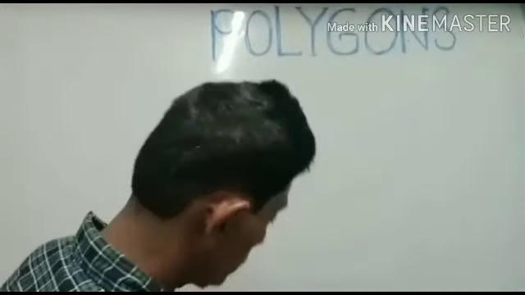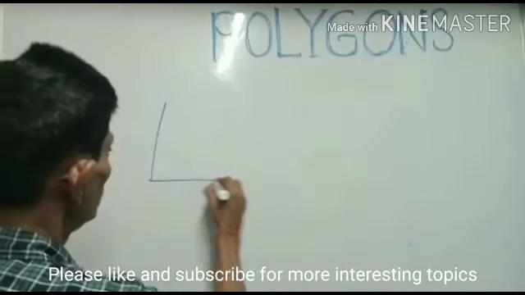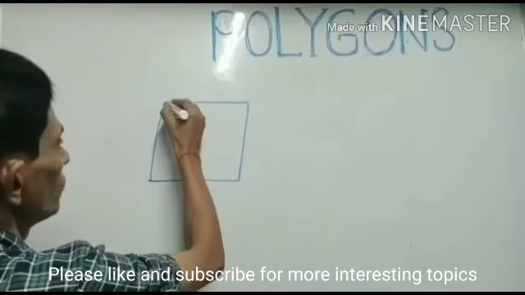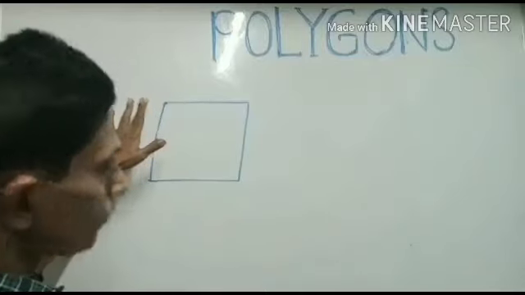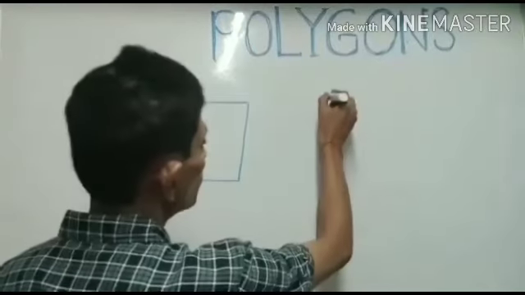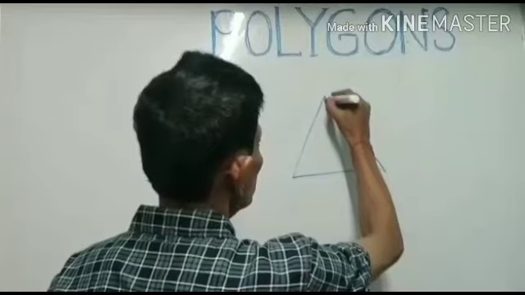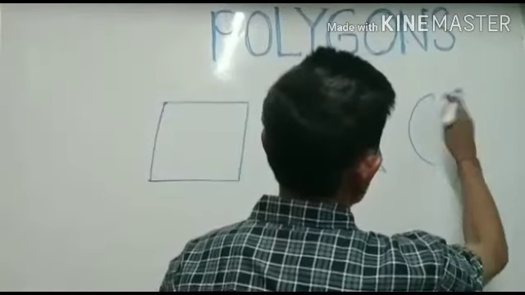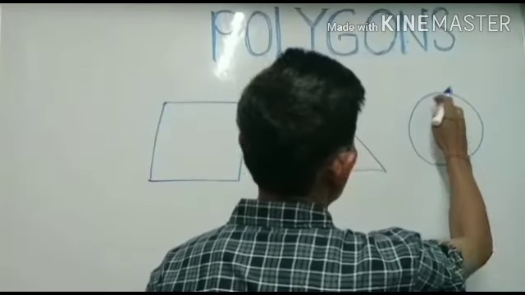Suppose a figure, this one: the starting point and the end point both are the same, so it is a closed figure. Here also, this is the starting point and the end point both are the same, it is a closed figure.